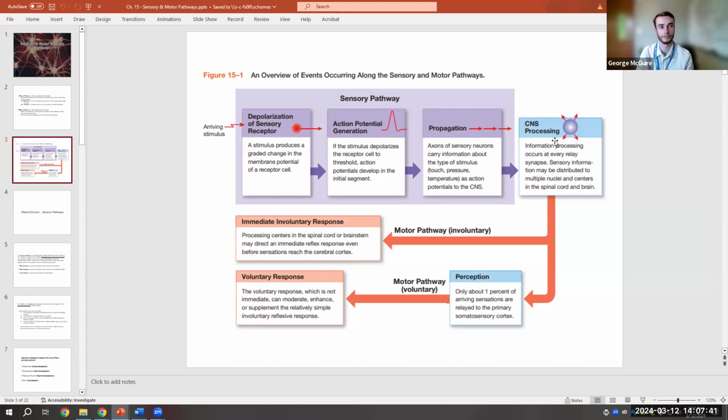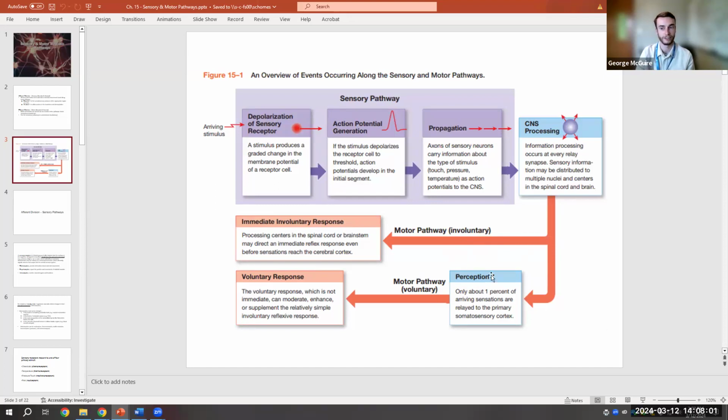The central nervous system will process that information. So whether that's in the spinal cord as a reflex, or if it's going all the way up to the brain and brainstem, some part of the central nervous system is going to process that info and provide a response. And then that response can either be involuntary or voluntary.